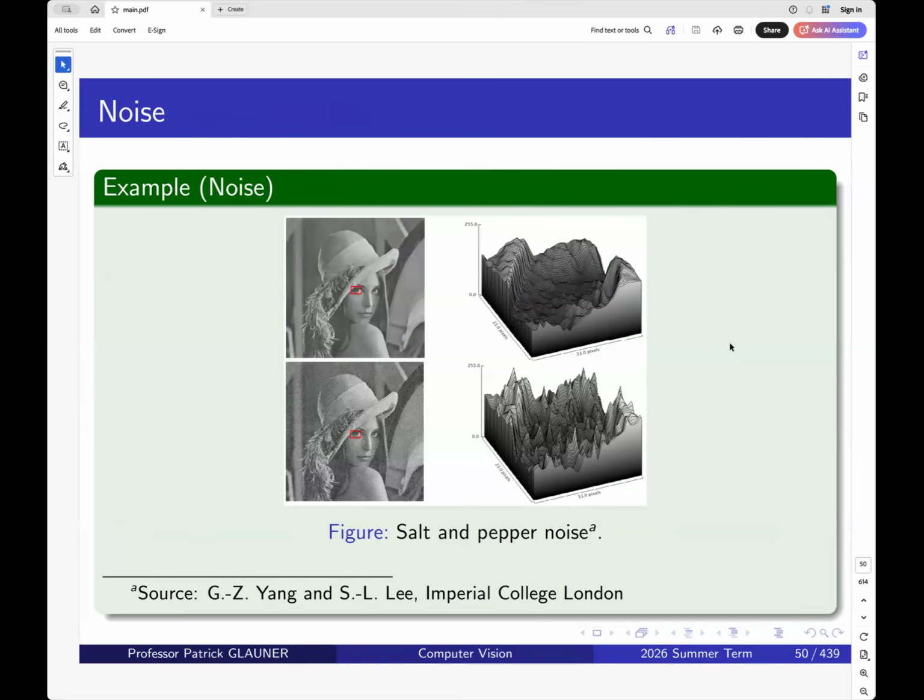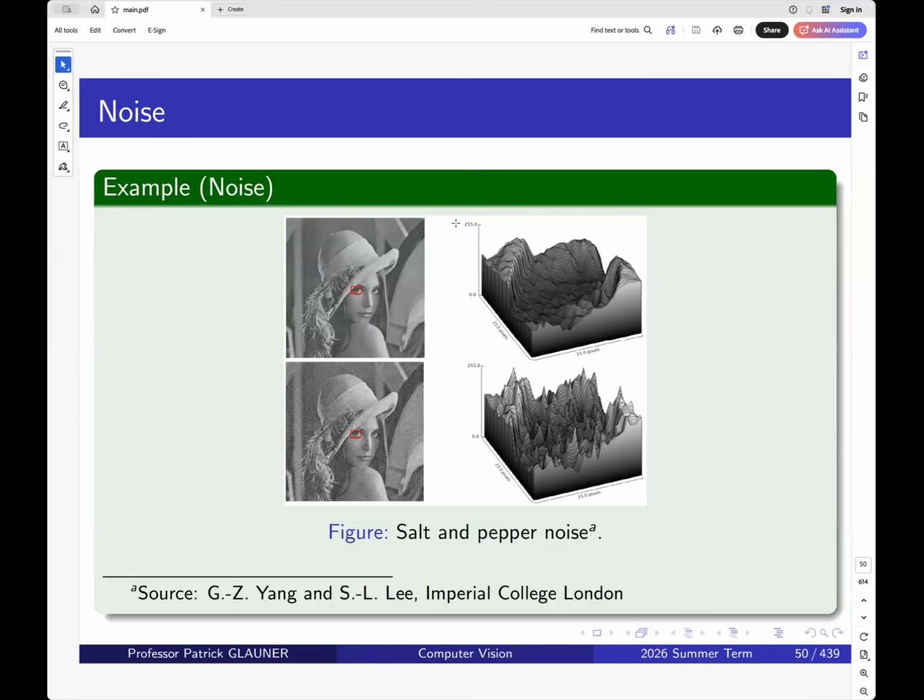And we will now look a little bit into noise of images. So we just look at the grayscale image. What we have here is an image which is maybe a few hundred times a few hundred pixels. And we have this box here in red. We now want to look at the pixels that are in this small red rectangle.